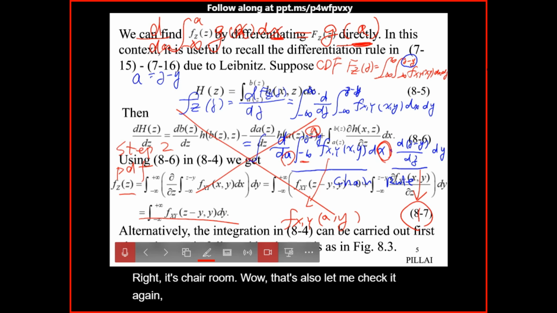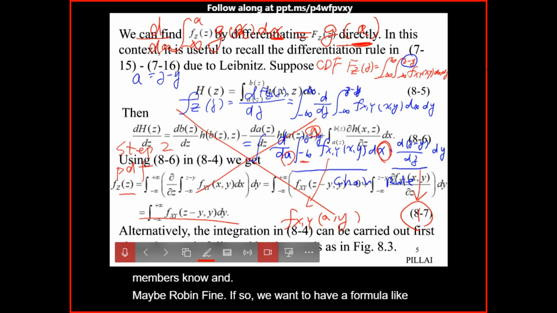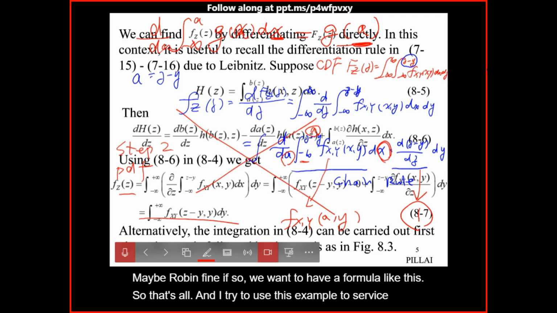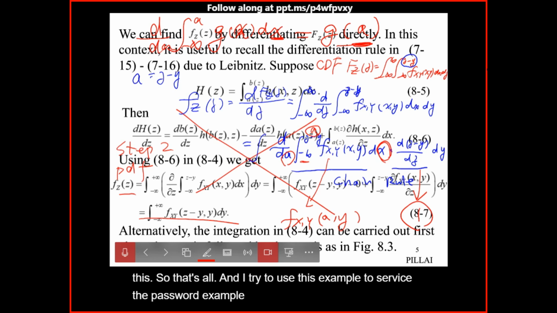That up to now is okay. So that you members know. And maybe Robin? Fine. If so, we will have a formula like this. So that's all. And I try to use this example to serve as a possible example. And as for the others, similar idea. Deriving and try to perform differentiation.